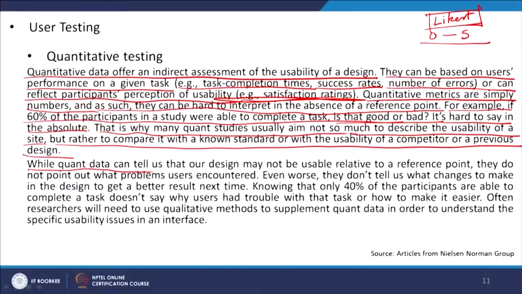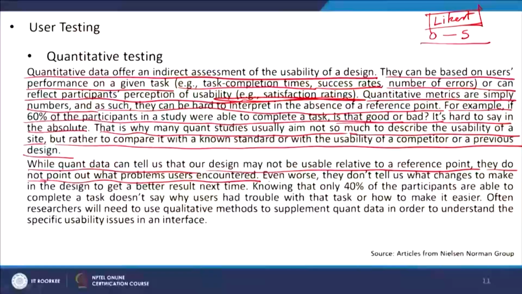While quantitative data can tell us that a design may not be usable relative to the reference point, it does not point out what problems users encounter. So the exact problem, and what they are thinking during that problem, is difficult to interpret in quantitative testing. Even worse, it does not tell us what changes to make in the design to get a better result next time.